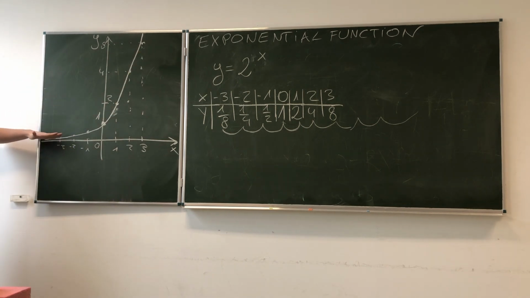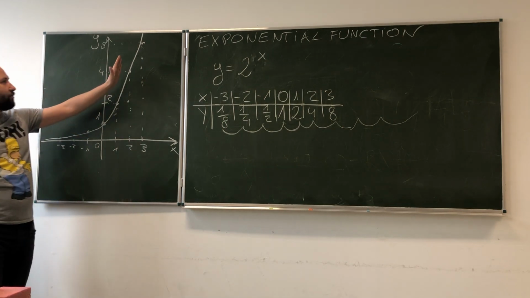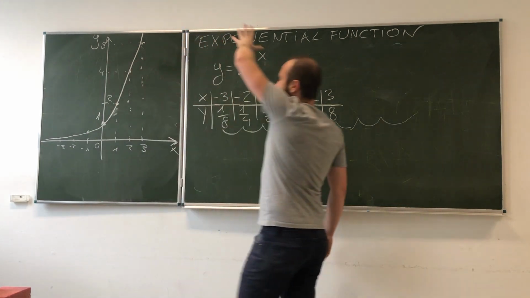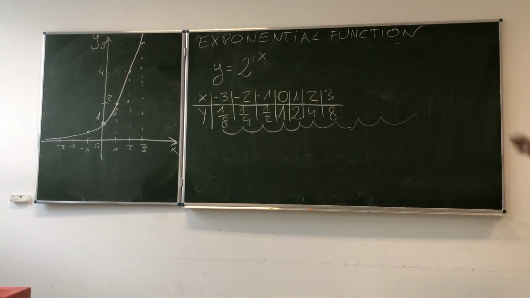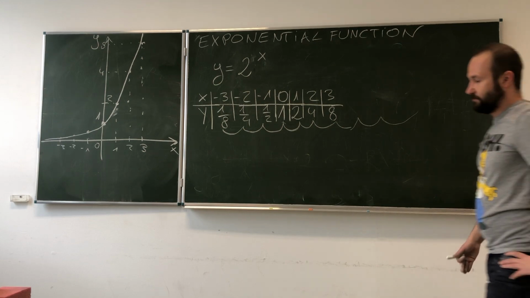Here it increases always by a bigger and bigger amount. We can actually see the power of this increase over here, when the values are bigger and bigger, above 1. This is how we get this function.